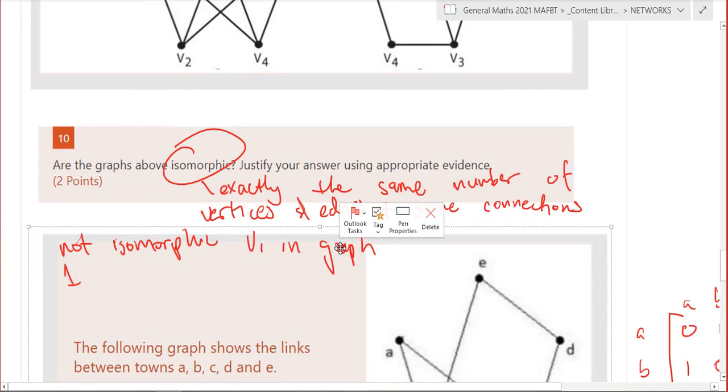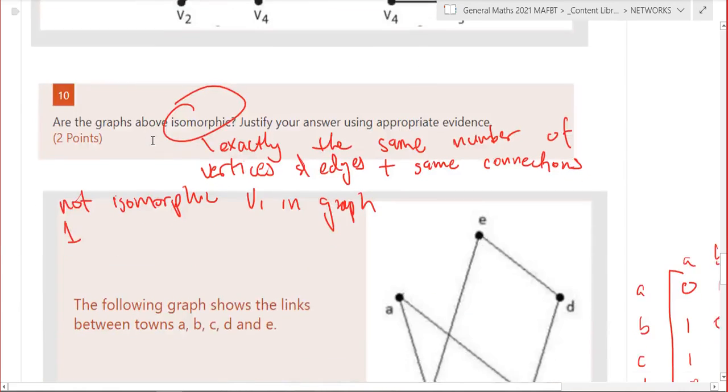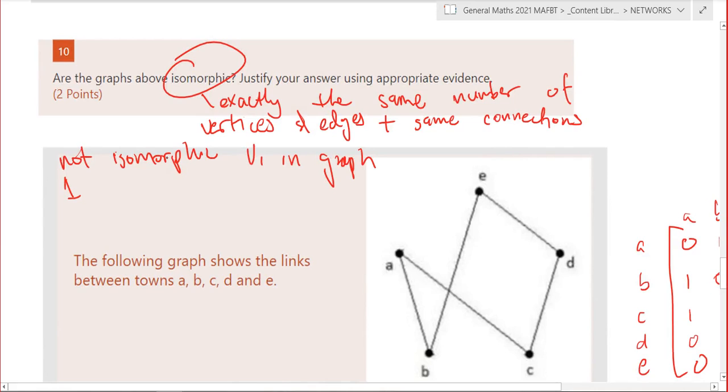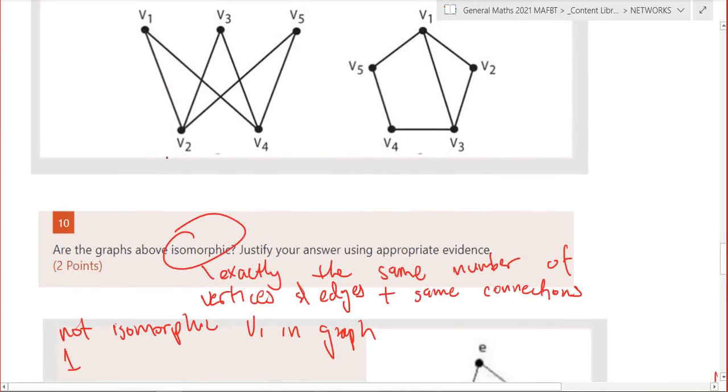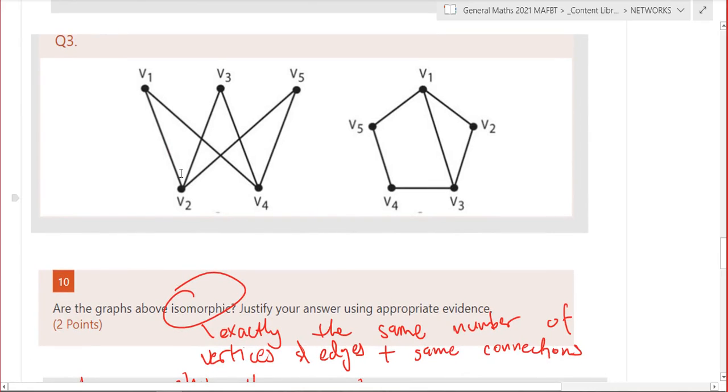Basically, V1 in graph 1 doesn't have the same connections as V1 in graph 2. So I would say V1 in graph 1 is connected to V2 and V4.